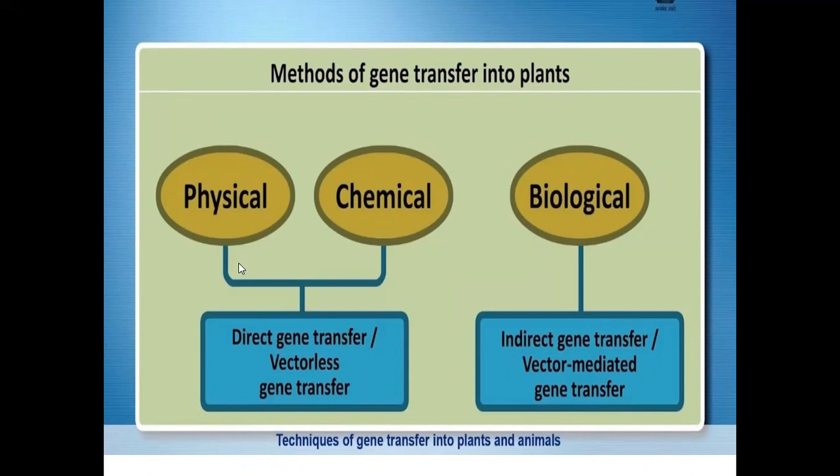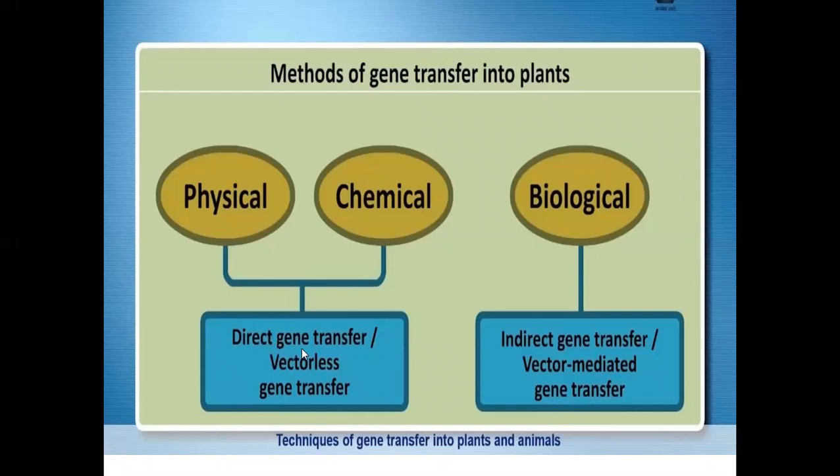Physical and chemical gene transfer techniques are called direct gene transfer techniques or vectorless gene transfer techniques. Biological gene transfer techniques are called indirect gene transfer techniques or vector mediated gene transfer techniques.